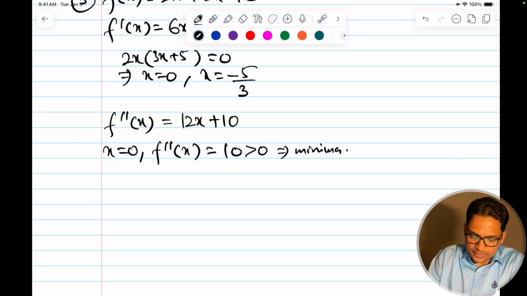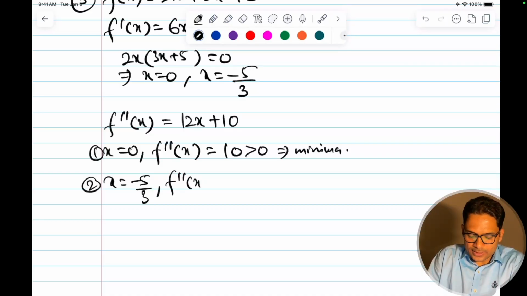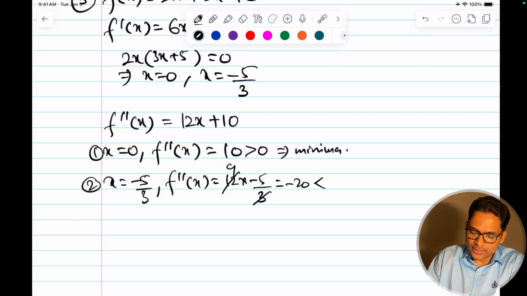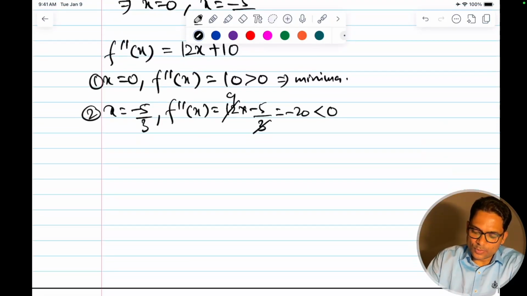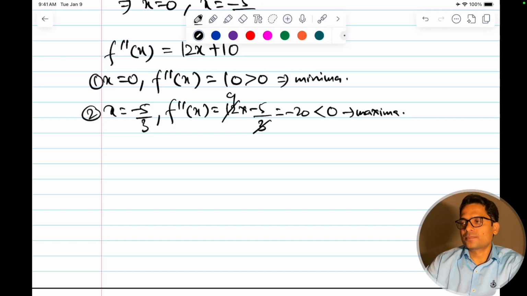And similarly, at x equal to minus 5 by 3, my f double dash x equal to 12 into minus 5 by 3. So 3 4s are 12, that is equal to minus 20. This implies less than 0. This implies this is the point of maxima.